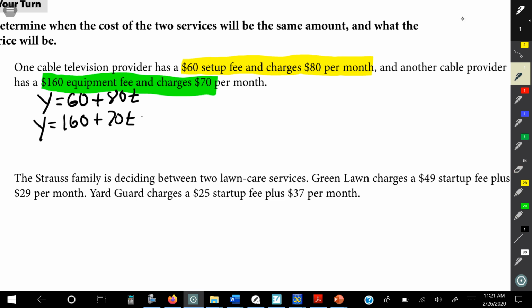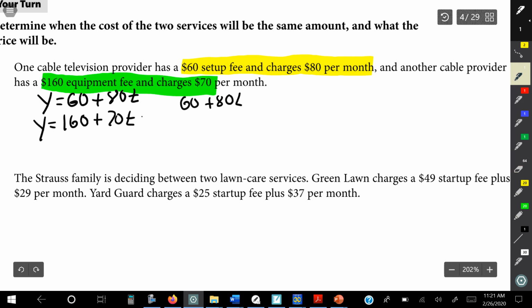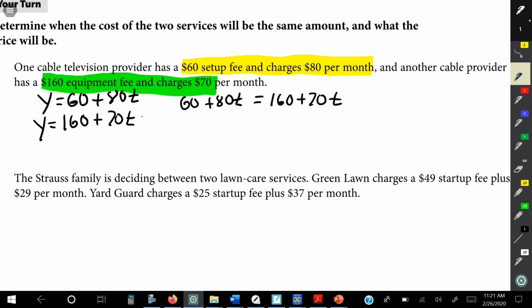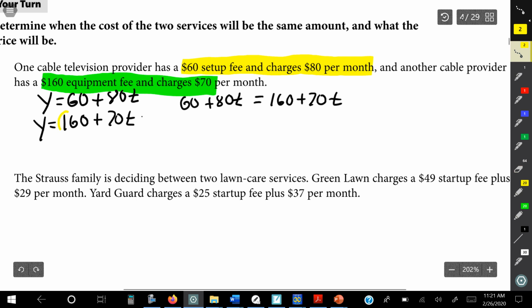Now what I'm going to do is take both of these equations and set them equal to each other. So I get 60 plus 80t is equal to 160 plus 70t. Since they both solve for y, it's kind of hard to see the substitution, but I'm substituting this y in and placing it here, or vice versa.